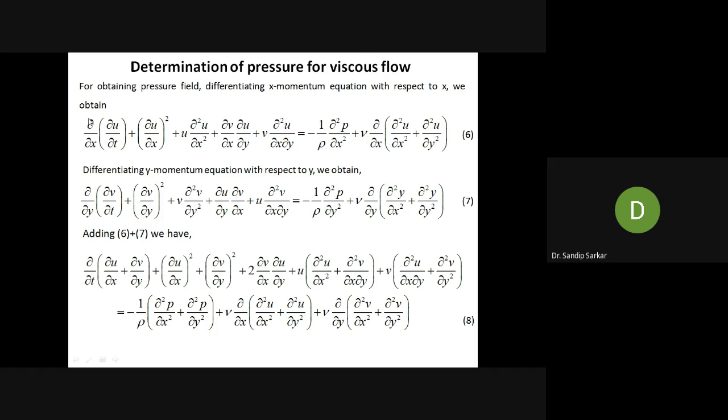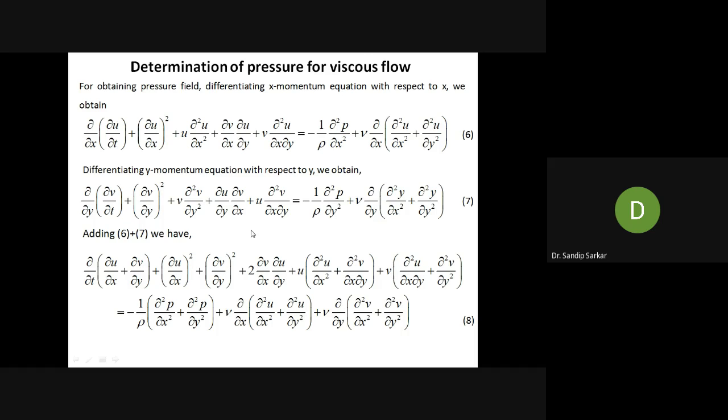So if we add 6 plus 7, what we will be getting here, that is ∂/∂x. If we see the first term, ∂/∂x of ∂u/∂t and ∂/∂y of ∂v/∂t, if we take ∂/∂t common, we will have ∂u/∂x plus ∂v/∂y. Then we will have (∂u/∂x) whole square plus (∂v/∂y) whole square.